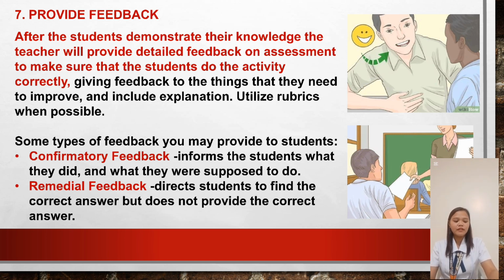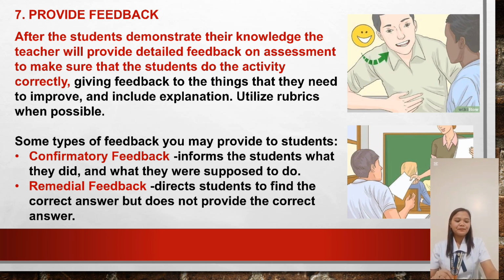After the students demonstrate their knowledge, the teacher will provide detailed feedback on assessment to make sure that the students do the activity correctly. Give feedback on the things that they need to improve and include explanation, utilizing rubrics when possible.